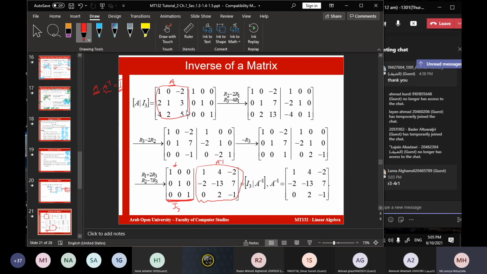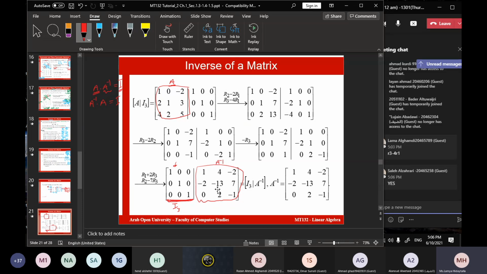It should give me the identity. Also, we should have A inverse times A equal to the identity. Clear? So if you did it, you will find that the result is the identity. So make sure that you're doing the correct steps when you're reducing to the echelon form.